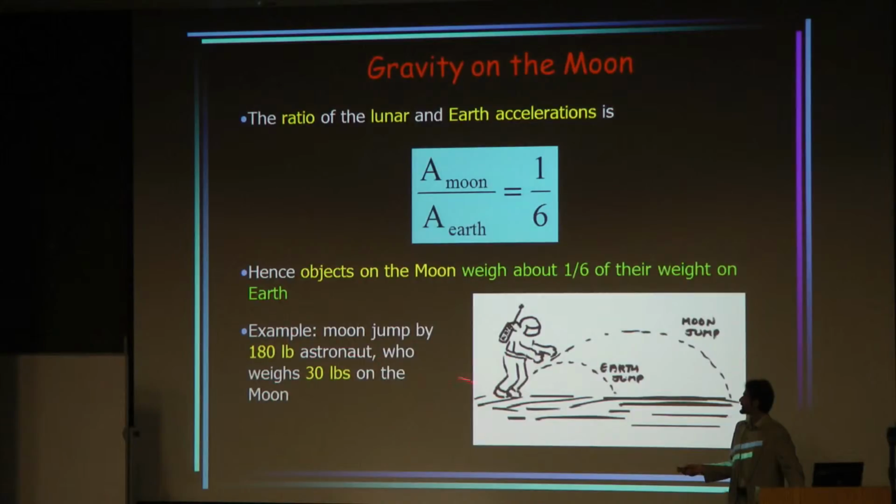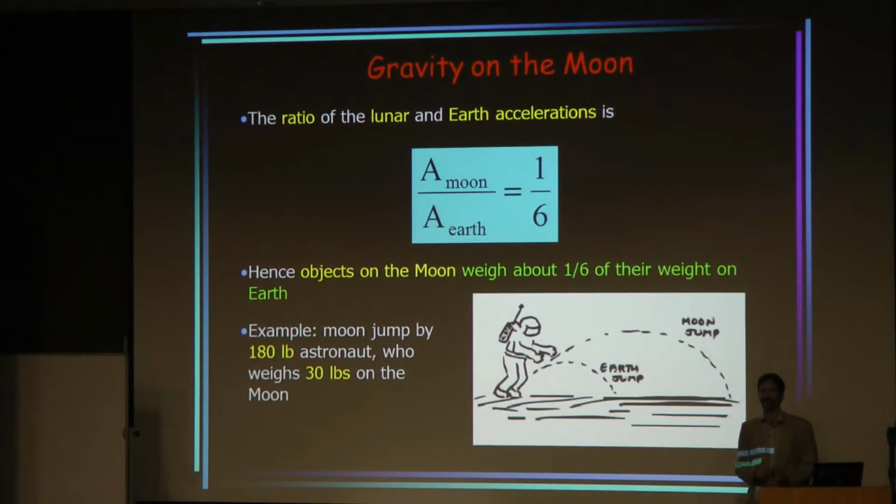Now, the thing is that the actual strength of the body is the same, because that's a chemical thing. You're just as strong on the moon as you would be on the Earth, so your leg muscles have the same strength. So you can push off just as hard with your legs on the moon as you can on the Earth. The 180-pound astronaut on Earth is only going to weigh 30 pounds on the moon.